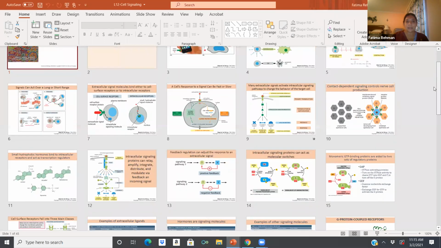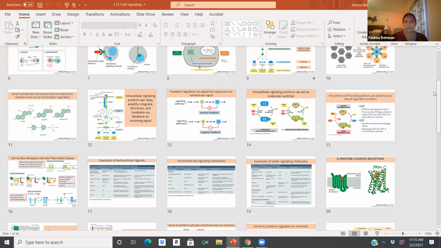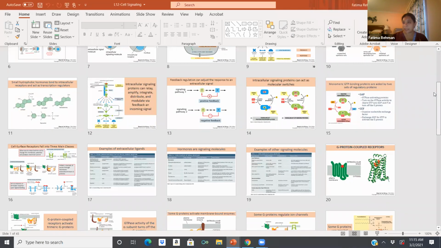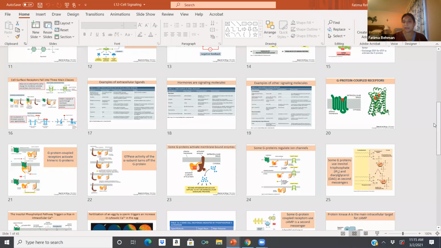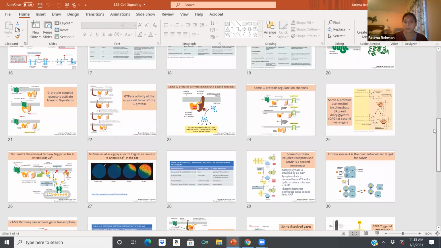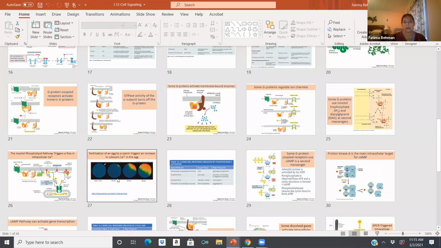So last week we finished off talking about G protein receptor signaling and the different ways that those cascades work. And we ended our lecture talking about how G proteins can also regulate not just other proteins and enzymes in general, but also specific channels, like ion channels that are important in cell signaling all the time.